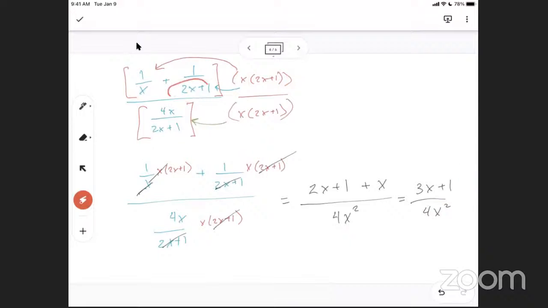But you should say that x cannot equal -1/2. So you should write x cannot equal -1/2. And the reason is because if you plugged in -1/2 originally, what would you have had? You would have had 1/0, and you can't do that.